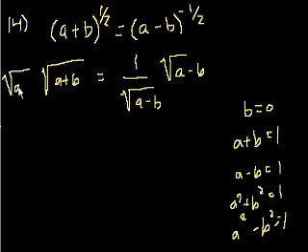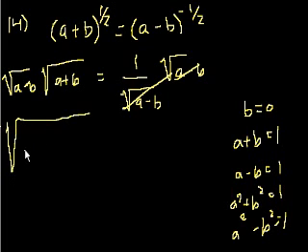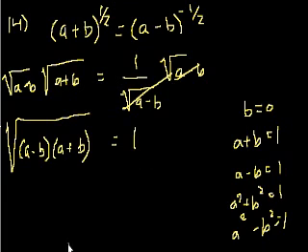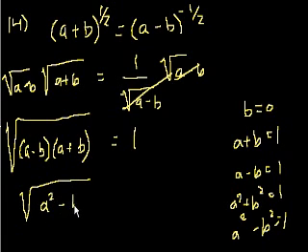This side will just cancel out, and you're just left with 1. This is the same thing as the square root of a minus b times a plus b. And on the right hand side, we're just left with a 1. And what's a minus b times a plus b? So this is the square root of a squared minus b squared is equal to 1.